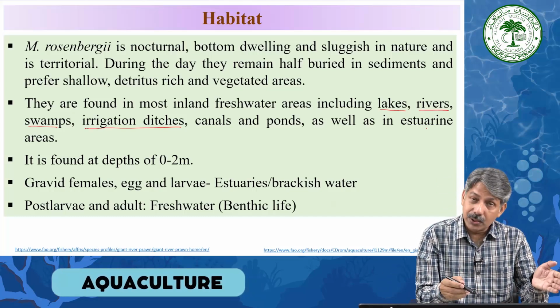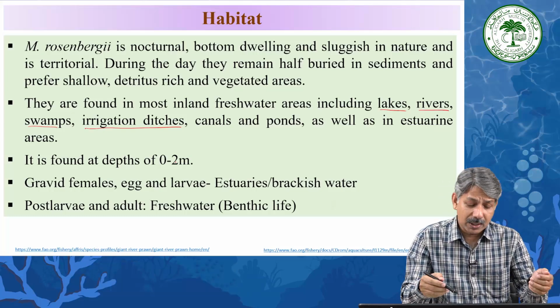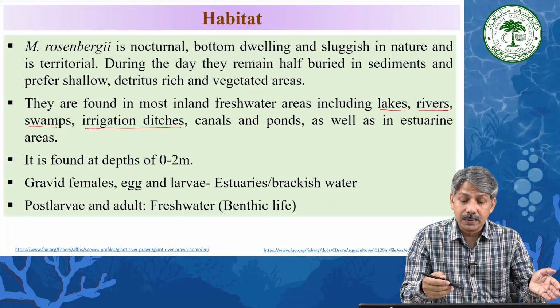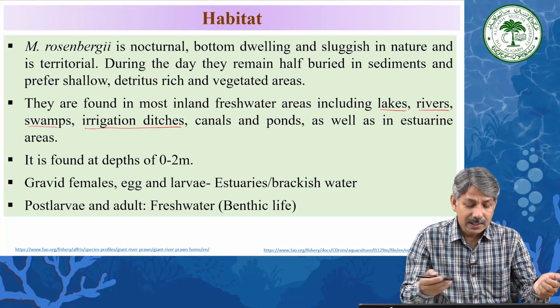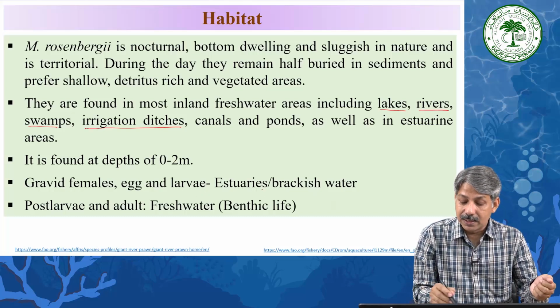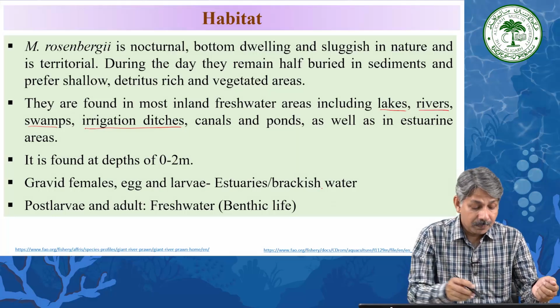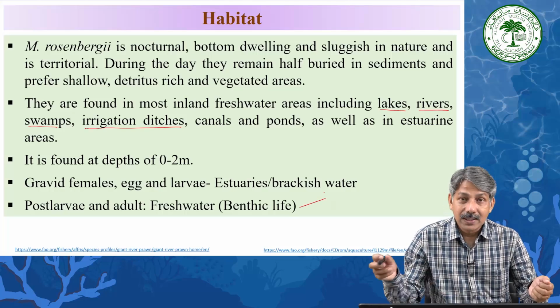The depth at which they are found is usually 0 to 2 meters, because they are bottom dwelling, so they can be found even at a very low depth. Gravid females, eggs and larvae inhabit estuaries or brackish water. Post larvae and adults are bottom dwellers and are found in fresh waters.